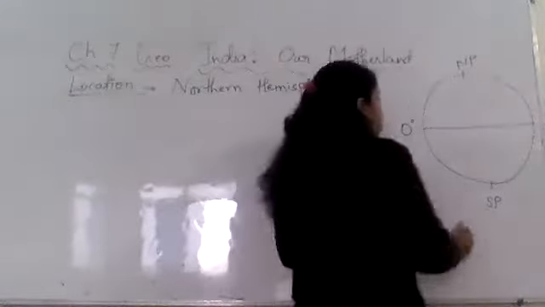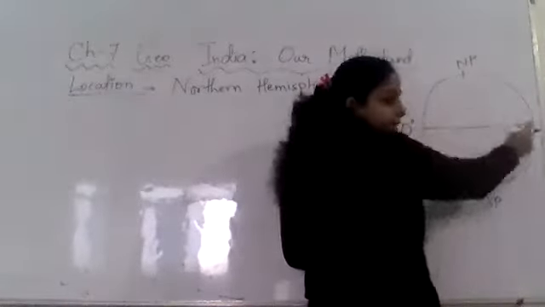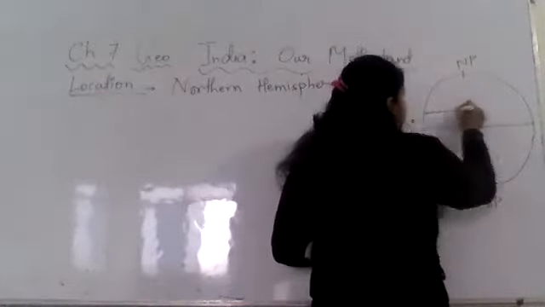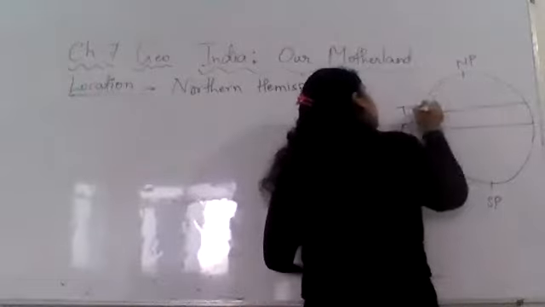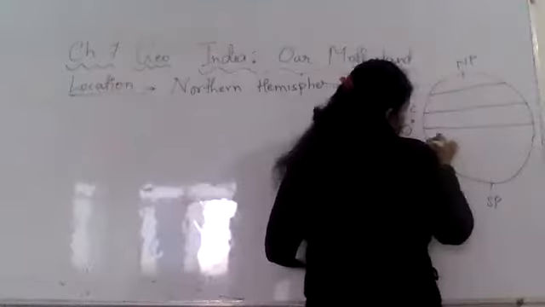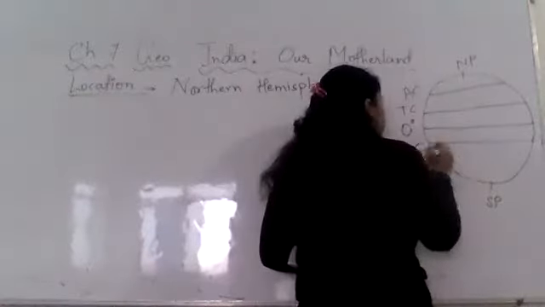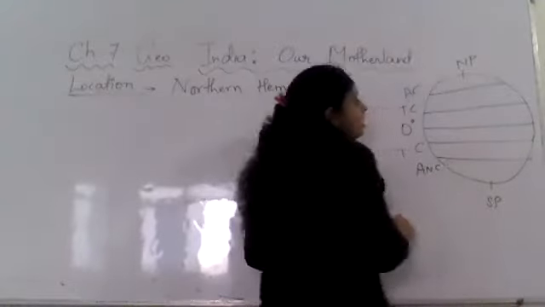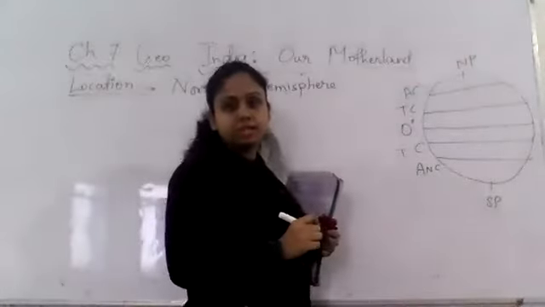Also, this is latitude-wise. Latitudes are there. Here you will have the Tropic of Cancer, then here the Arctic Circle, then here the Tropic of Capricorn, then here the Antarctic Circle. So like this you have the latitudes.